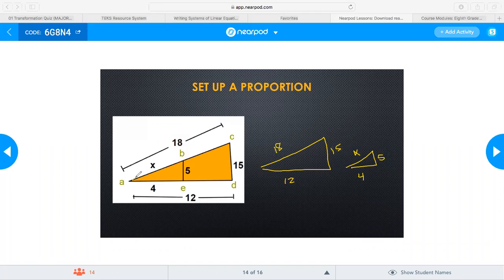So what is the 18 and 12? 18 is giving you the big triangle's side right here. And the 12 is giving you the big triangle's bottom side.